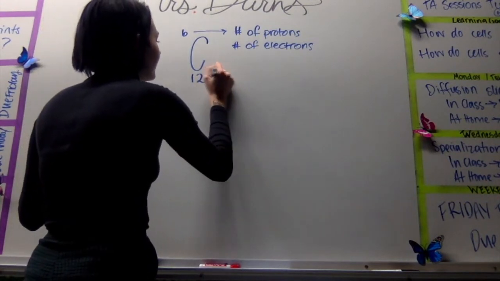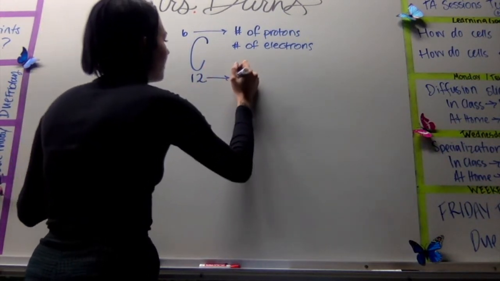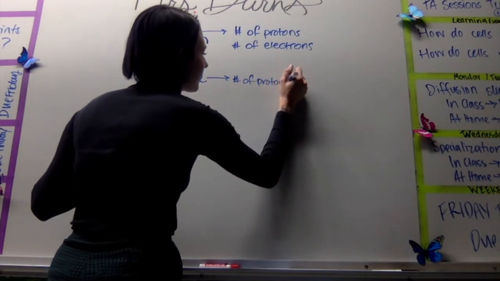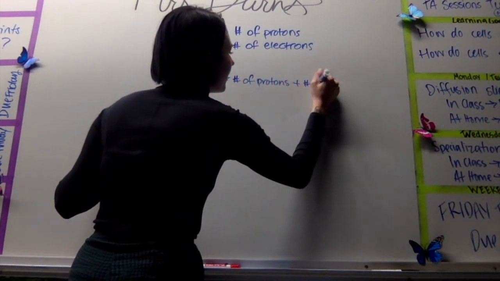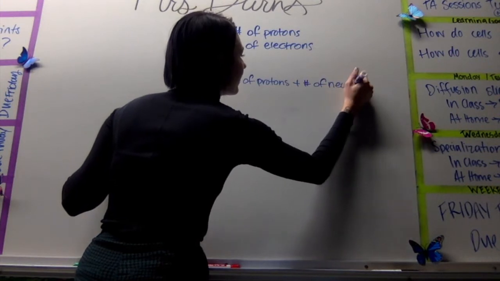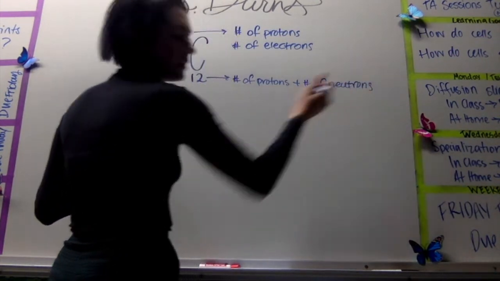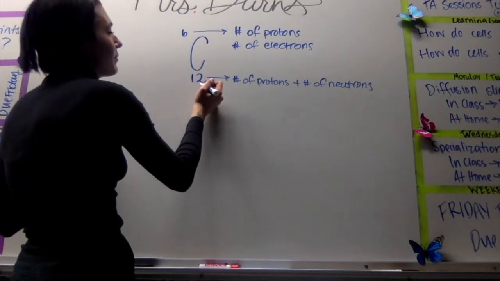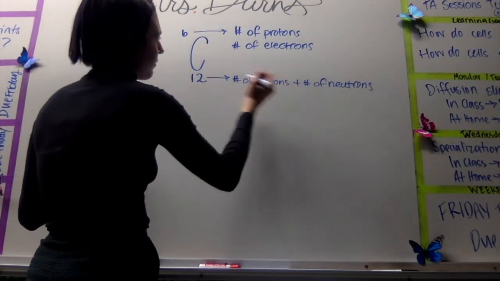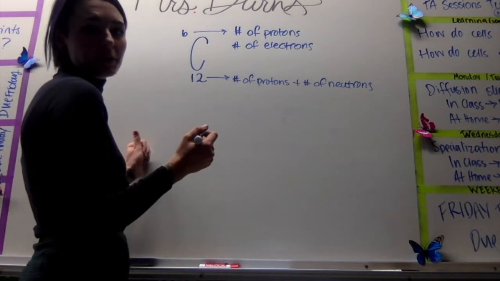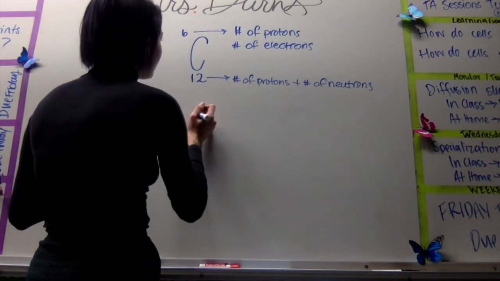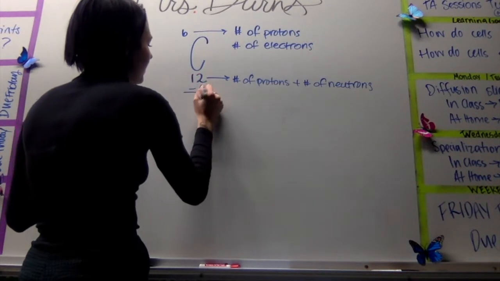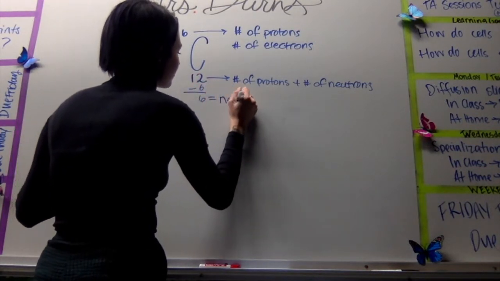And then finally, we have the atomic mass, which is the number of protons plus the number of neutrons. And neutrons are the third kind of particle found in an atom. So to find the number of neutrons, you have to subtract the number of protons, which is the atomic number. And so if we need to draw the atom, then we'll just subtract here. That tells us we have 6 neutrons.